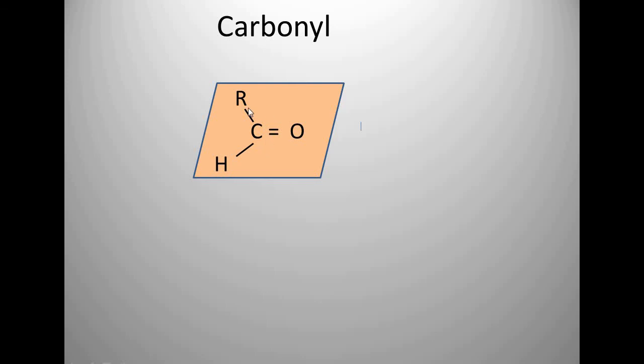Consider RCOH as the carbonyl group, in which the double bond has one sigma bond and one pi bond. Your pi bond shows the pi electrons continuously moving and generating a magnetic field, that is, an induced magnetic field, likewise, and the direction of the magnetic field is the same.